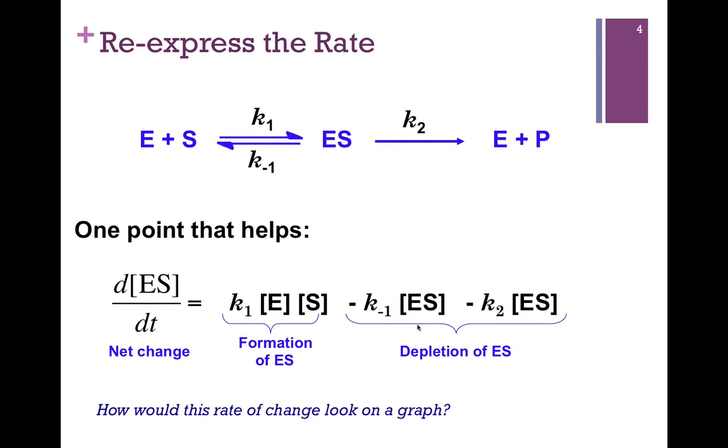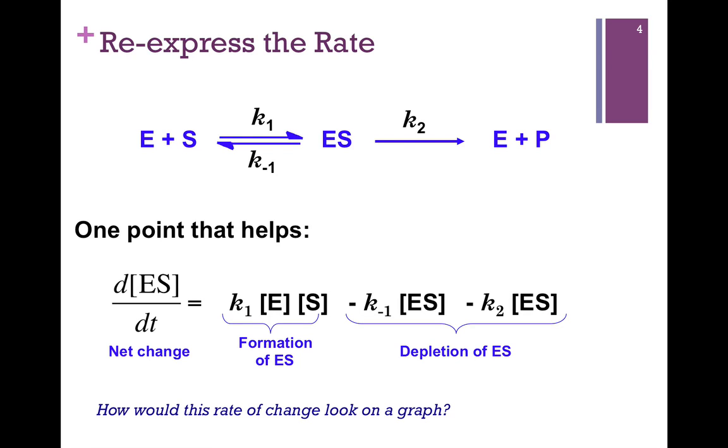So again, here's our simple reaction scheme at the top. We recognize that the rate of change of the concentration of ES over time is going to be equal to the rate at which it forms minus the rate at which it is depleted. So the rate at which it forms is simply K1 times the concentration of E times the concentration of S. So you'll notice here K1 is a second order rate constant because it depends on the concentrations of two things.